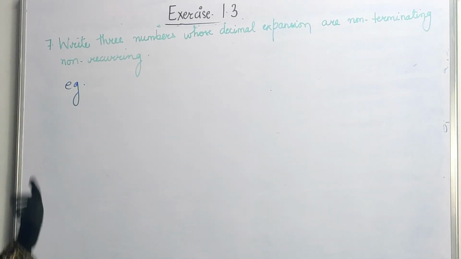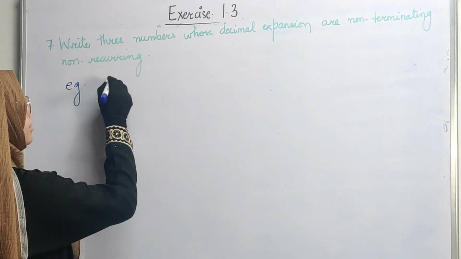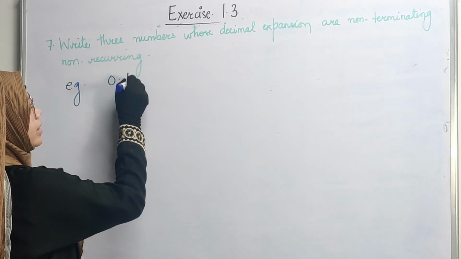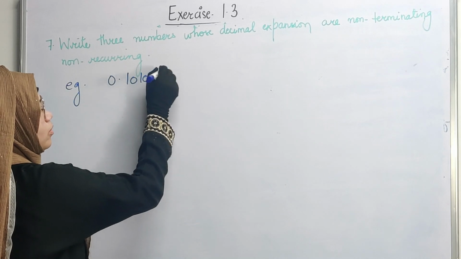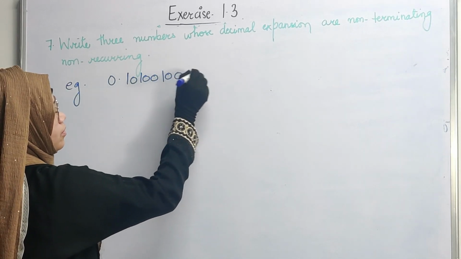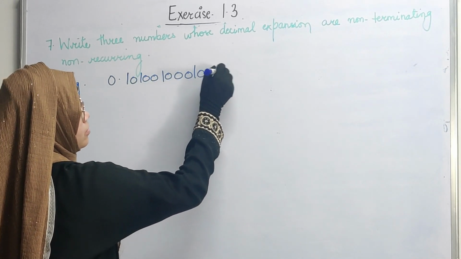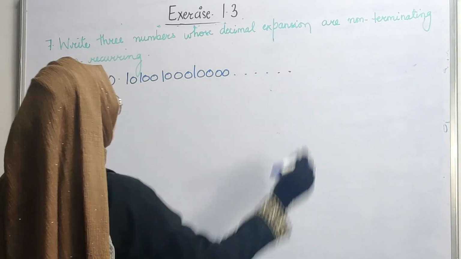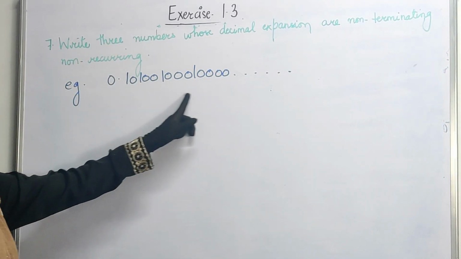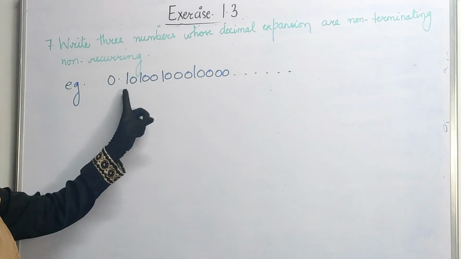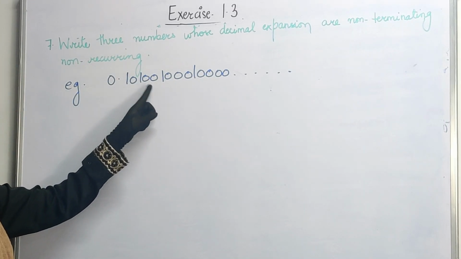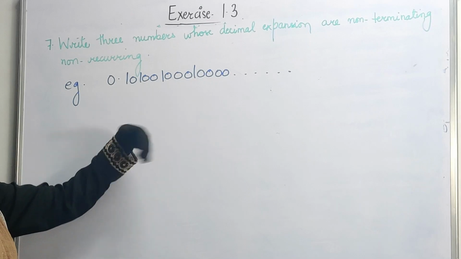Which you have to make by yourself, like 0.10100 1000, 10000, and so on. See, these are non-terminating and non-recurring. 10, 100, 1000, and so on.